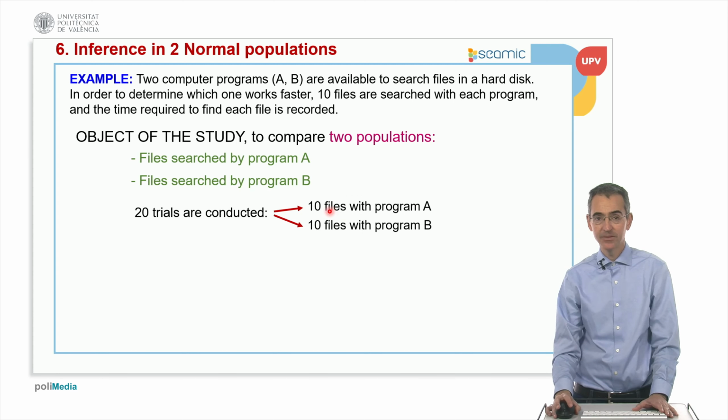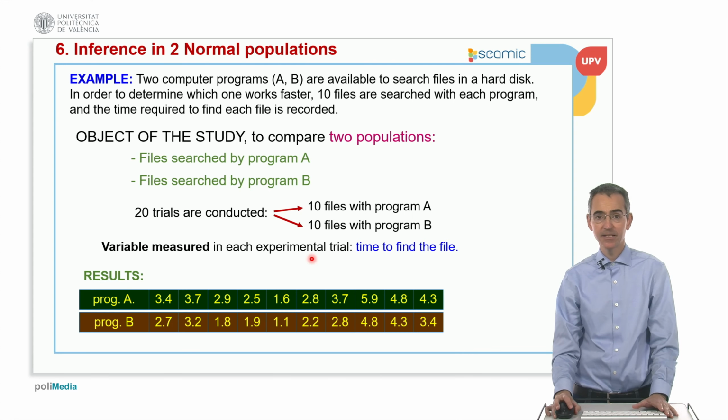We have a sample of 10 files with program A and 10 files with program B. The value measured experimentally is the time to find the file, and imagine that these are the results. So 10 values from the first population, 10 values from the second population, and then we obtain the sample mean and the sample standard deviation.